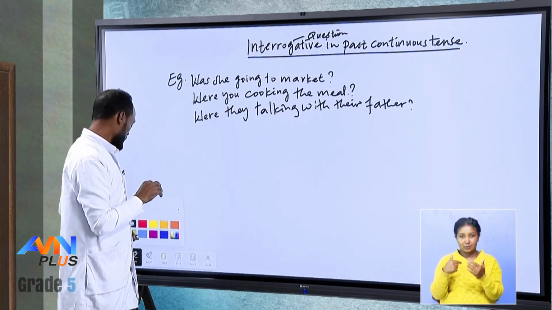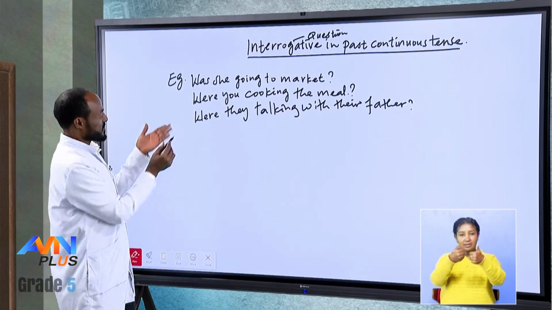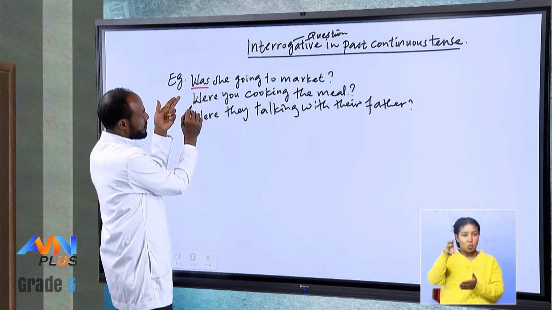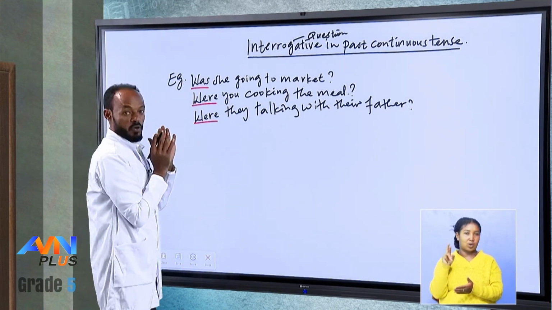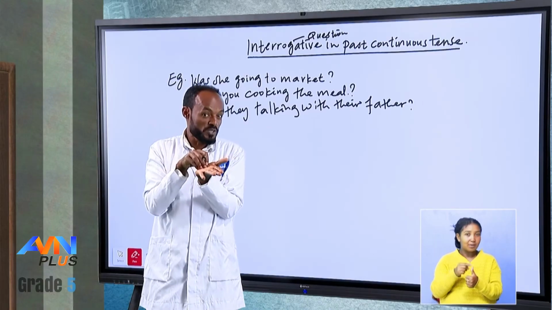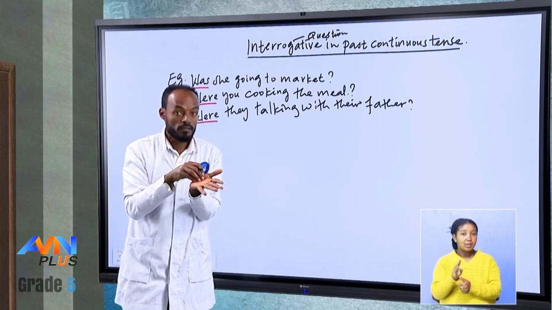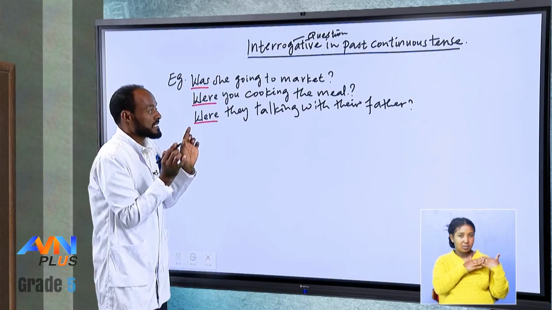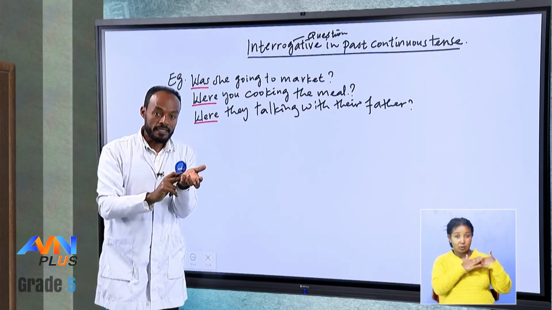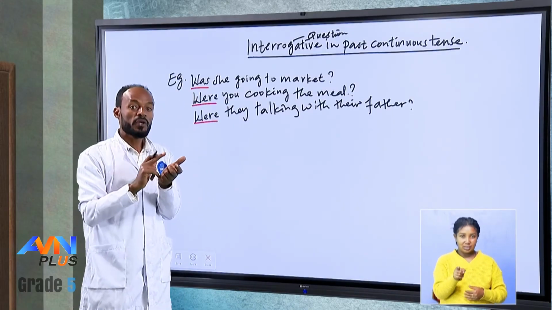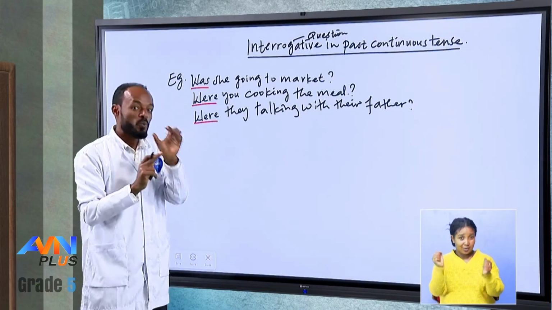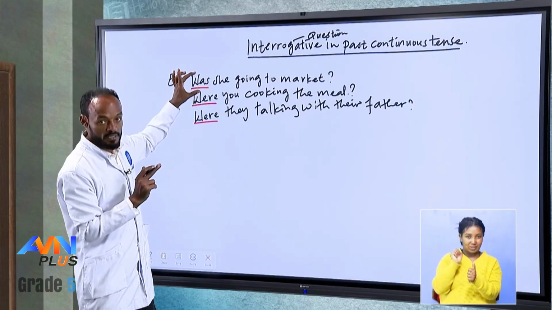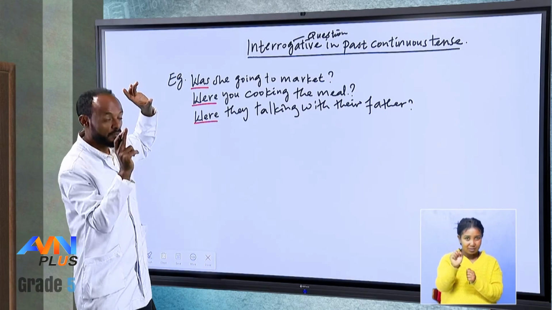So now we are going to identify the function. Here was, were, were. We started from the verb to be. Okay. It depends on the subject. If the subject is I, she, he, and it, we have to start from was. Am I right? Bravo.